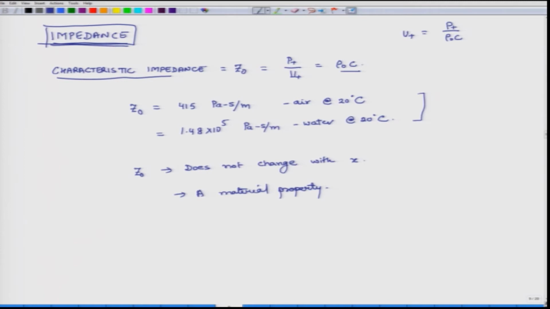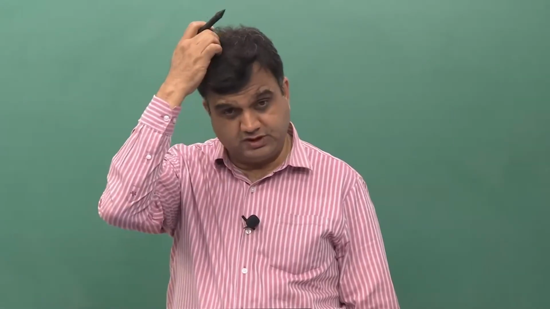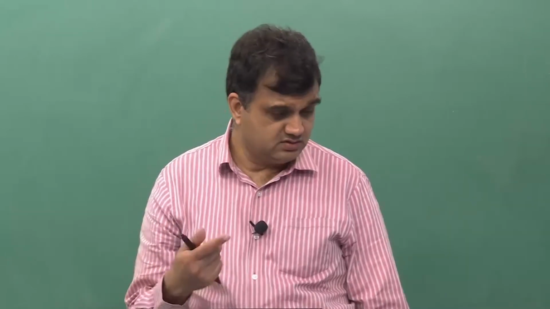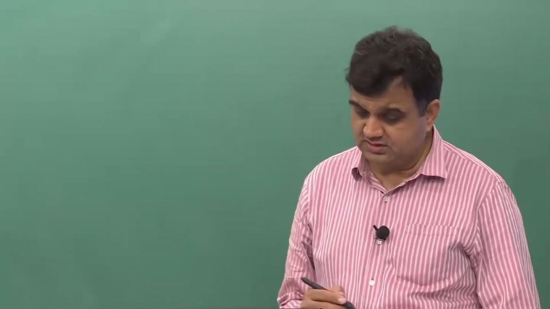Now, it could be that velocity of sound may change with respect to frequency. So, it may weakly vary with respect to frequency, but it does not change with x, though it may slightly change with frequency. So, this is our first impedance, characteristic impedance.